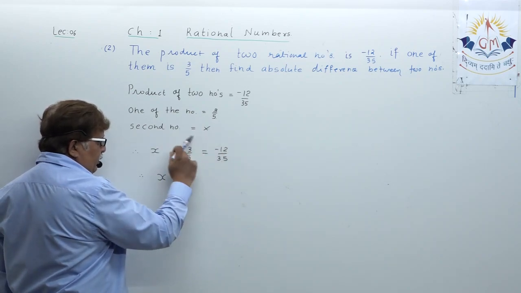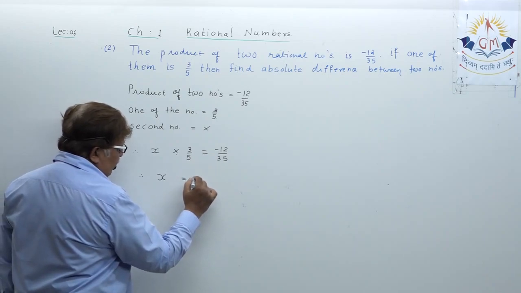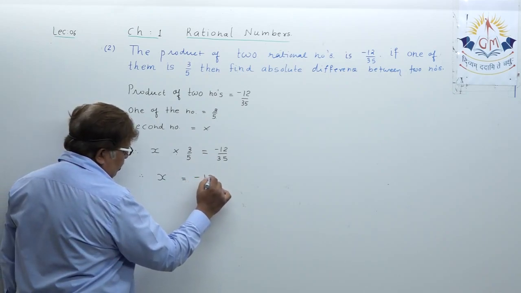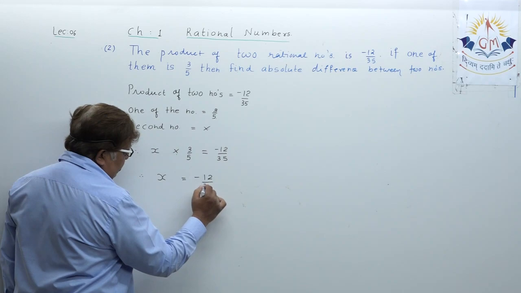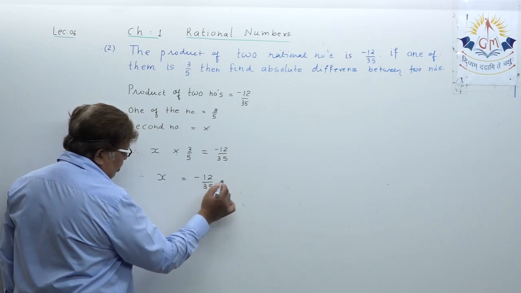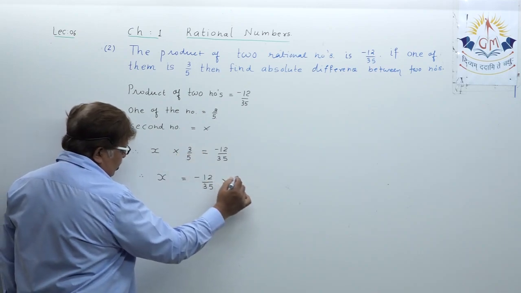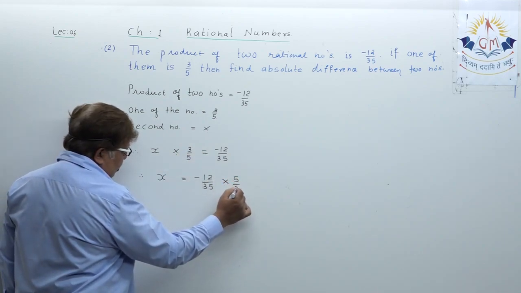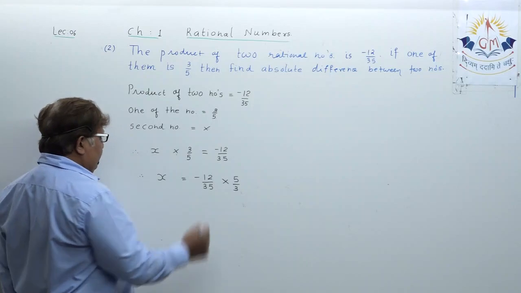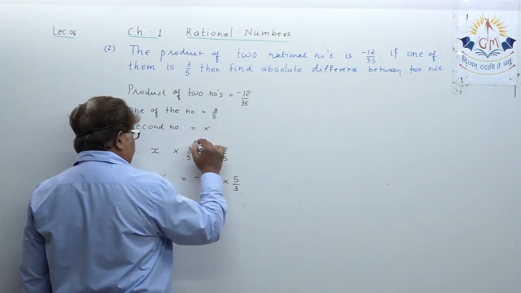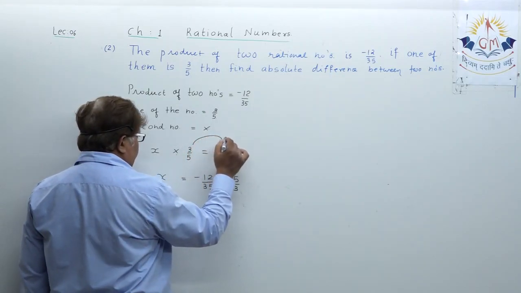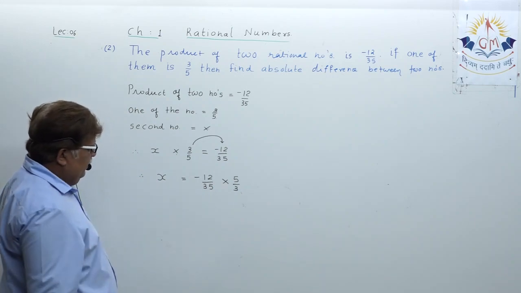When you transfer, it gets reciprocalized, the inverse of that. So minus 12 upon 35 multiplied by the inverse of this, 5 upon 3. This is an important step you need to note down.